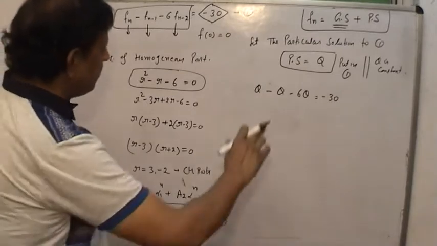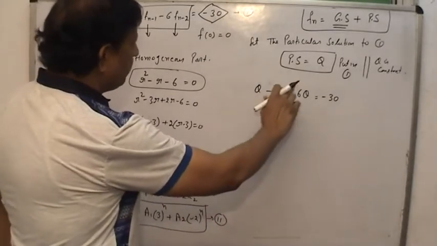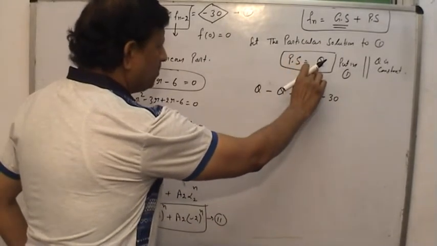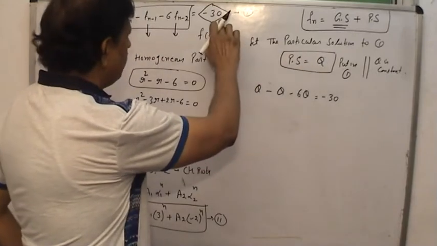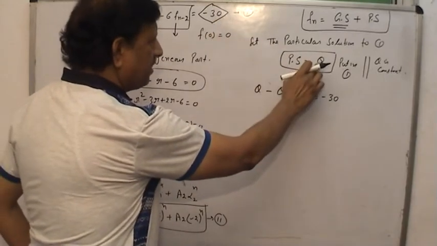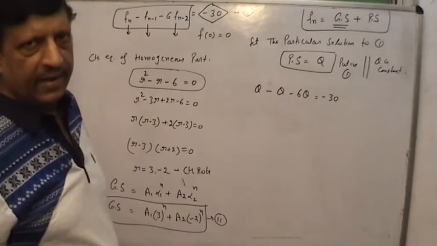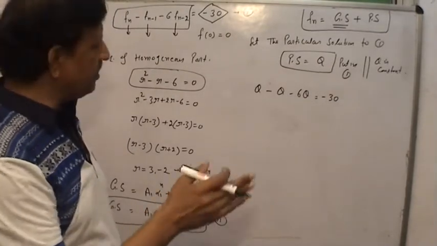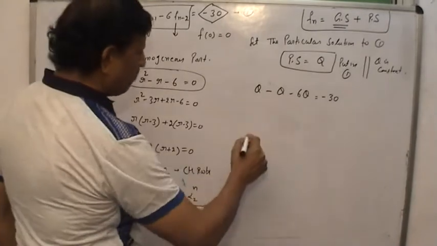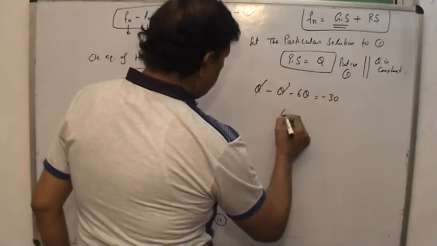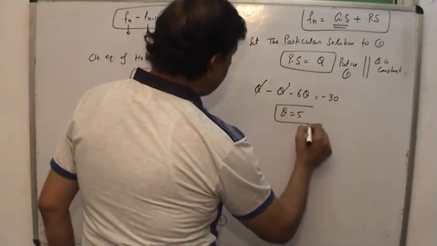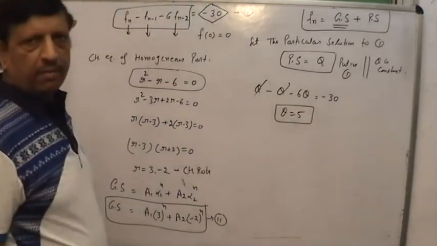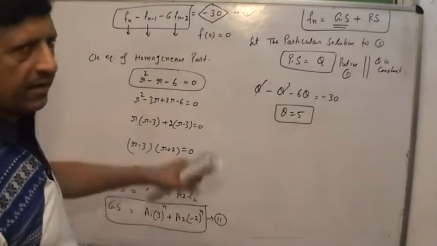Because I again stress this point: this is a constant in front of the constant and it does not contain any n. If n comes, then how will it change? We will see in the next problem. Here we calculated Q is equal to 5 simply. It is the particular solution of the given recurrence relation.